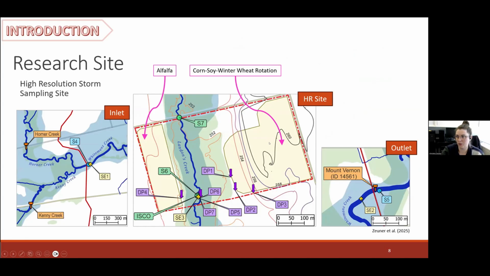This is where we're really doing our higher frequency sampling using 2 different methods, ISCO auto sampler, and then also we have some SUNA and EXO monitoring stations, one here in Landon's Creek, and then we also had one set up at our inlet site and also our outlet site.